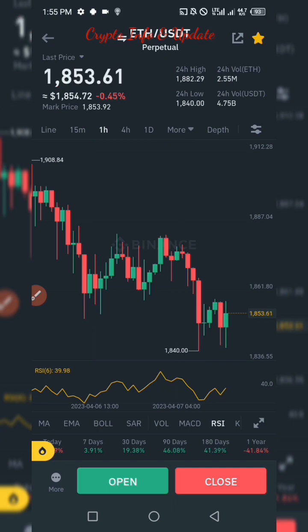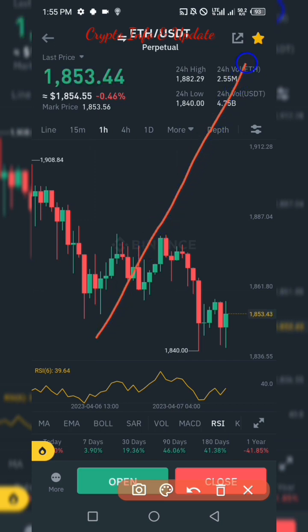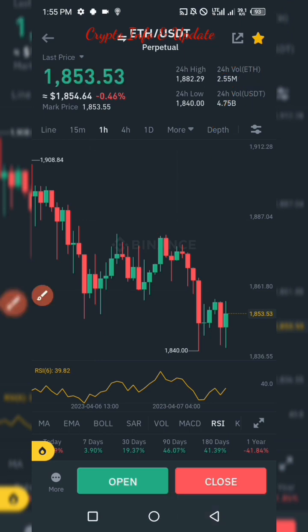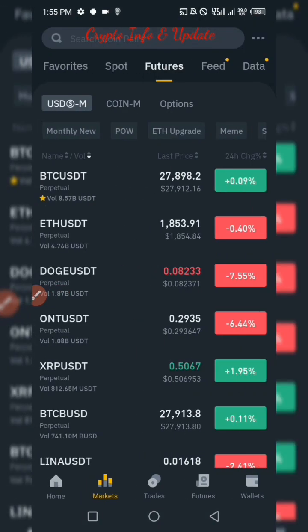So guys, as you can see, Ethereum has been added as one of our favorites, because the star icon is now yellow. Let me go back. This is how you go about adding your pairs, making them your favorite.